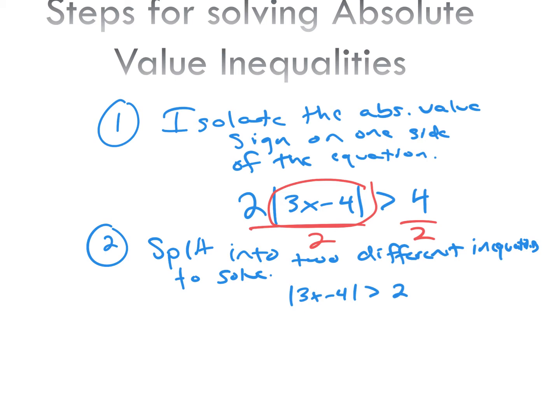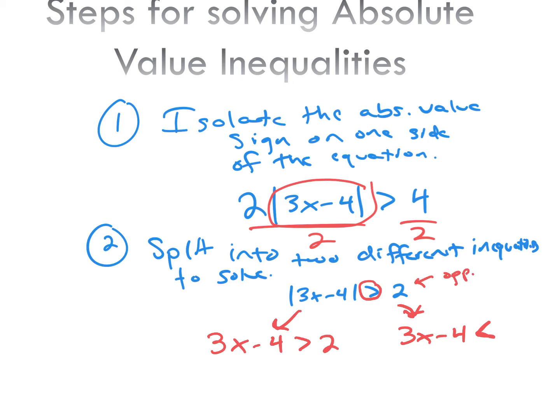One inequality is just straightforward without the absolute value symbol, so just reading it as 3x minus 4 greater than 2 and solving that. And then the other one, you're going to keep the inside, but what we do to solve the other one is we flip the sign, so if it was a greater than, now it's going to be a less than sign, and you do the opposite on the other side.